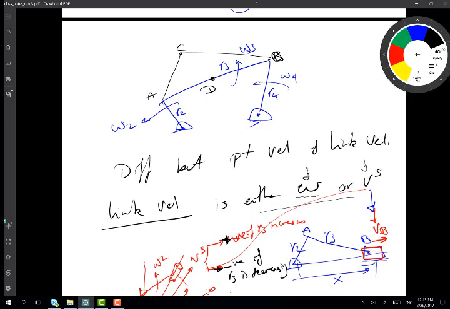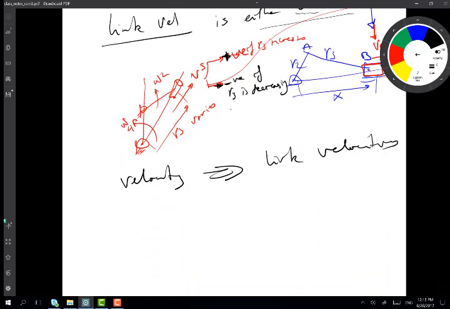Once you have the omegas and the different velocities of different links, you can just add, like the example we did before, differentiate R2, differentiate R3, add them together to get the velocity of B, and so on. If you have your omega, it's so simple to do that. That's point velocity.